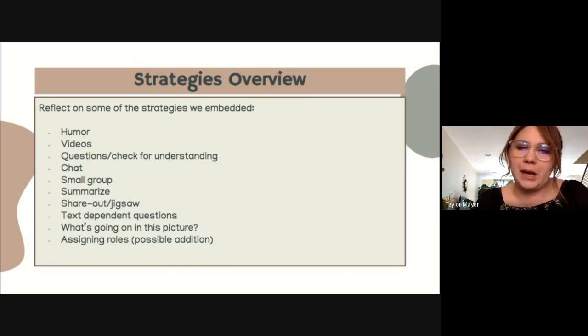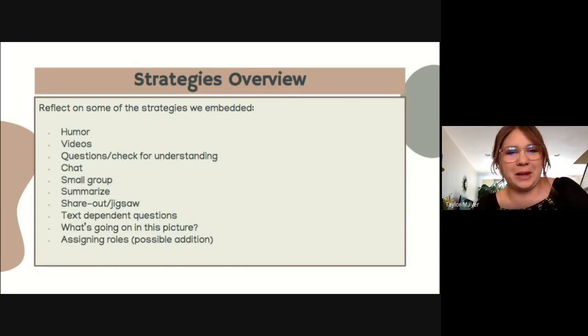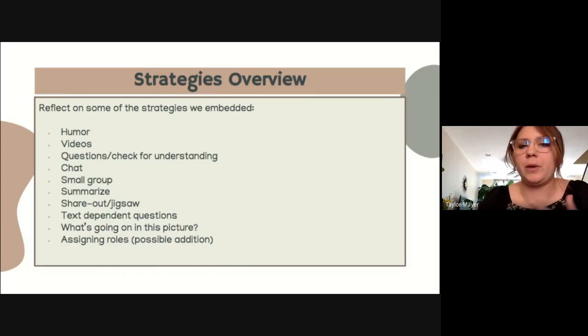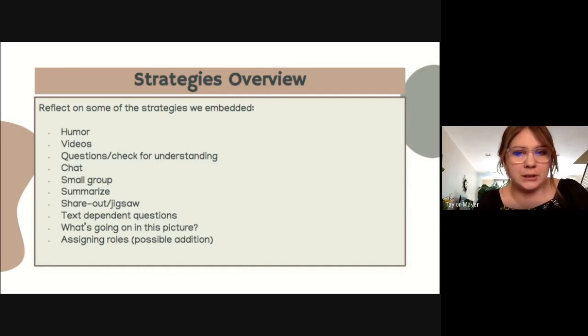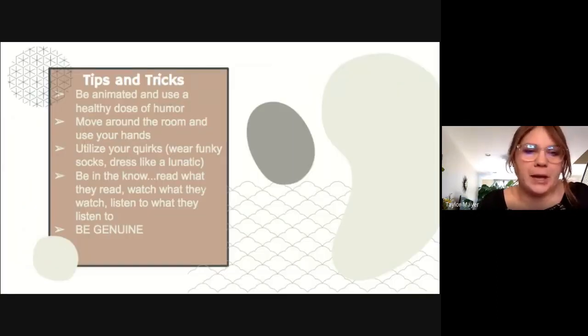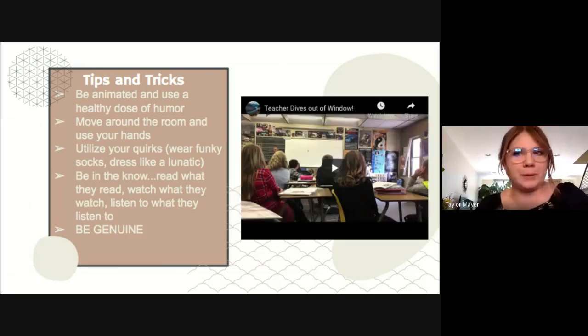So building in activities like Jigsaw or summarization, even though those sound so rote and they sound like boring things we've done forever, if you use them the right way and you use them in an engaging way or in a way that invites student curiosity or student choice, we can get more bang for our buck by just using those strategies.